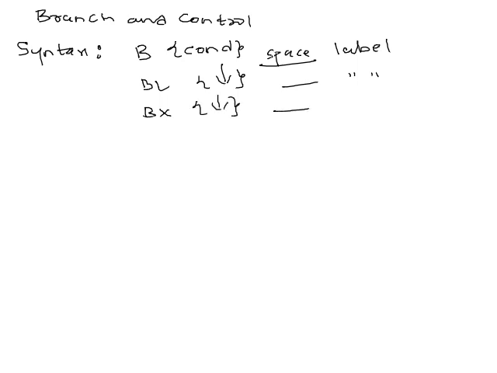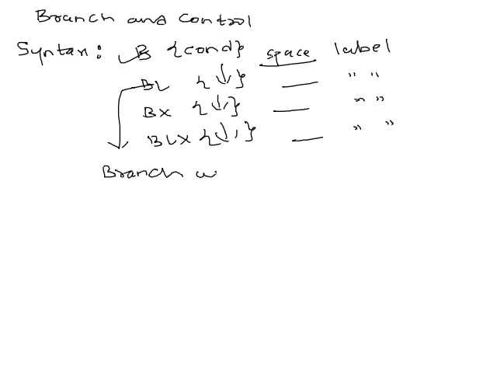Okay, space label, and even for BLX also. Okay, so this is how we have the syntax here, where B stands for the branch. Okay, so BL stands for branch with link. This is for branch with link.